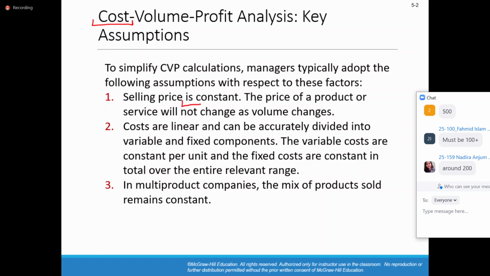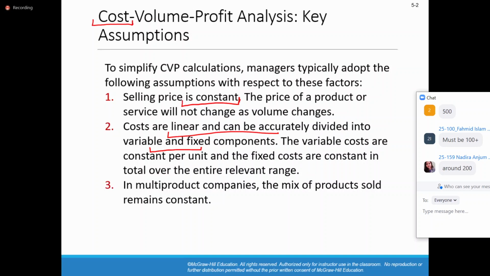We cannot change the selling price when we are making the analysis of CVP. And we need to assume that costs are linear and can be accurately divided into VC and FC. That means the variable cost and the fixed cost can be clearly identified.